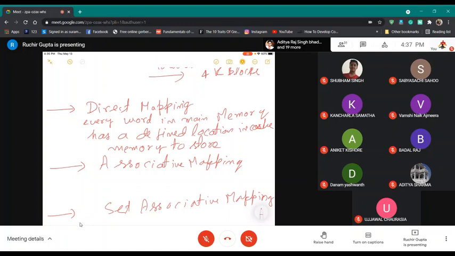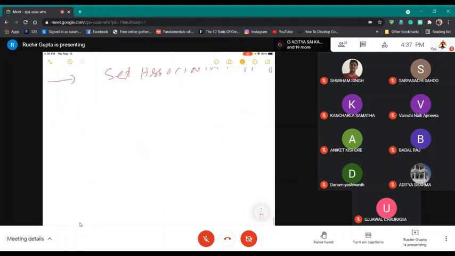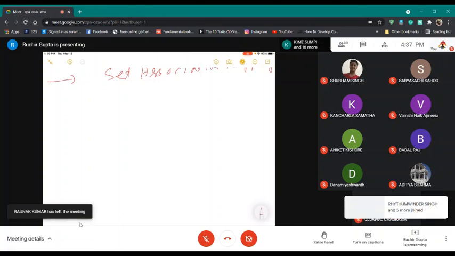Maybe the one who comes later will replace the first one, right? So for example, in this particular case, let's say the block number is J in main memory.